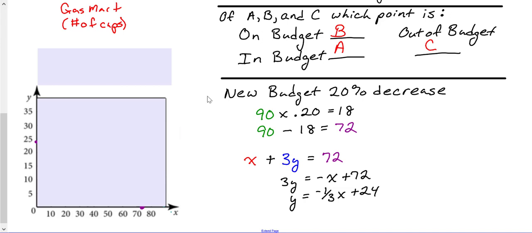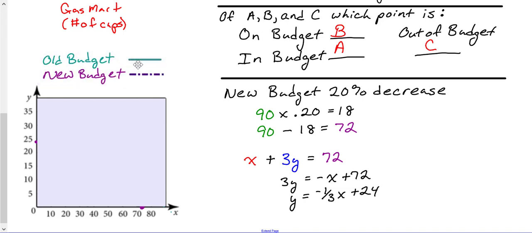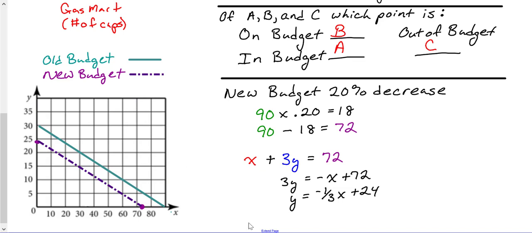Now I want to compare this to our old budget. So I created a key where the old budget is this teal color in a solid line. The new budget is in purple with the dotted line. And when I graphed it, you can see the lines indeed show a decrease in our budget.